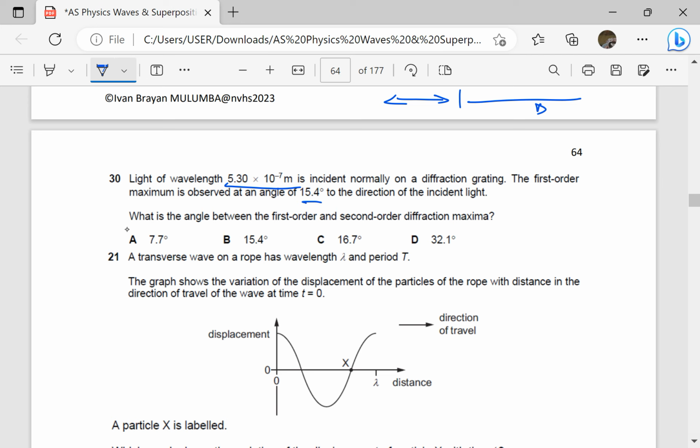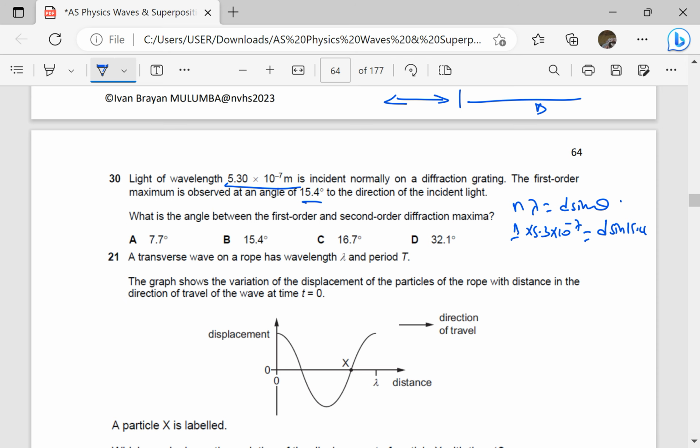Light of wavelength, this is incident normal on a diffraction grating. The first order maximum is observed at an angle of 15.4 degrees to the direction of the incident light. So it means n lambda is equal to d sine theta. So n is 1, wavelength is 5.3 times 10 power negative 7. What is missing here is d sine of 15.4.